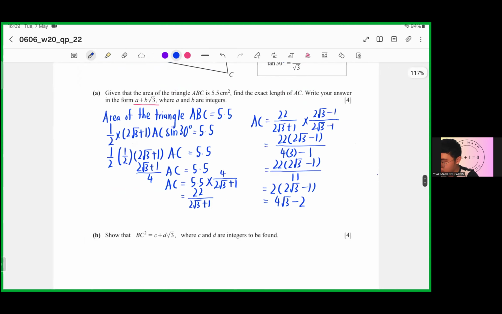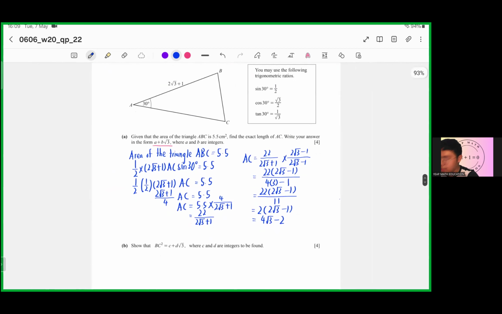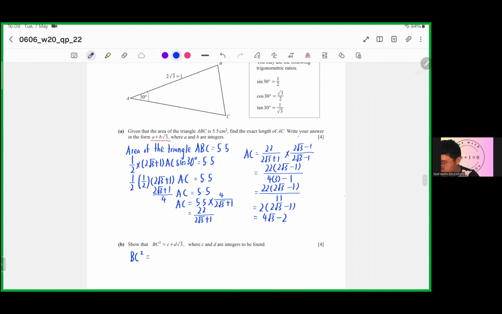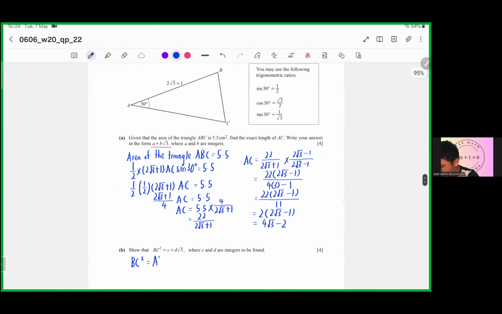So now, actually we can use the cosine rule. Now we start. b squared equals AB squared plus AC squared minus 2 AB AC cos 30.